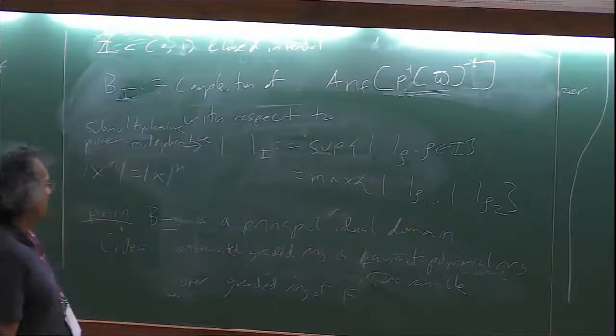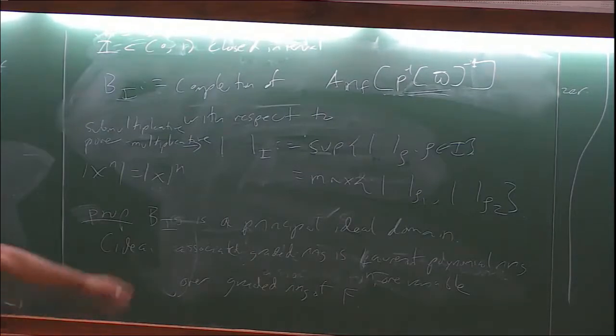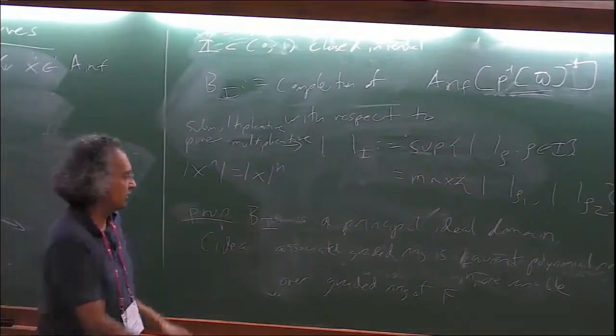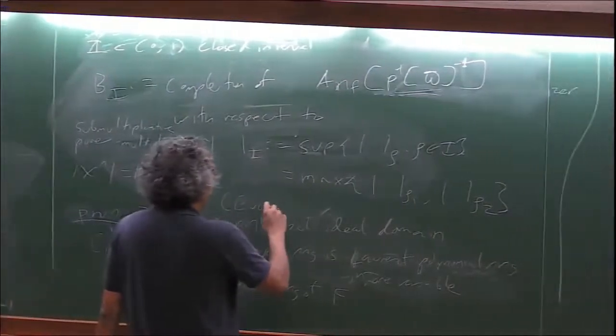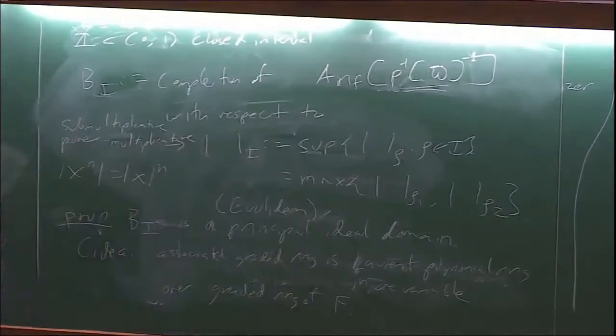So the associated graded ring is basically a Laurent polynomial ring, so you have a notion of degree, which you can use to do a Euclidean division. This ring admits a form of Euclidean division. It's actually a Euclidean domain for a certain degree function.